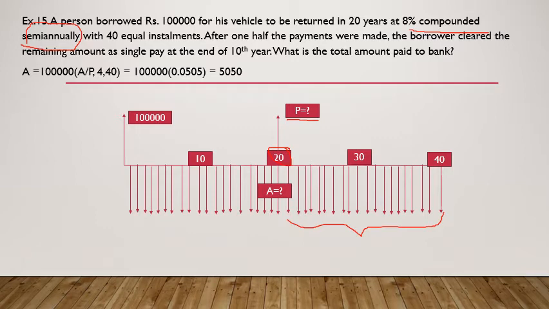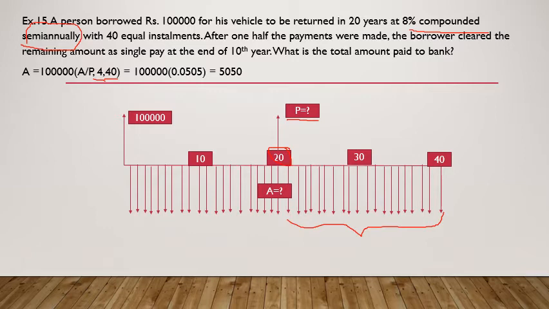So there are 20 years, N becomes 40. Use the factor from the factor table and you will get the answer as 5050, which means the installment value I need to pay for 40 installments is 5050 rupees every 6 months.